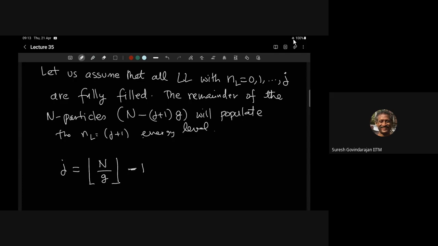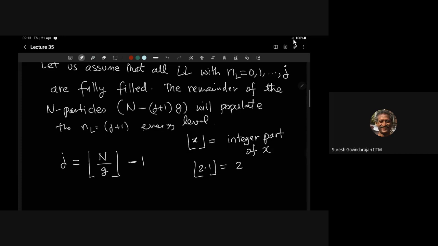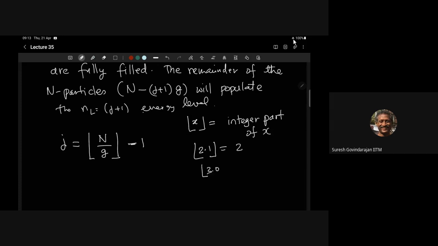It's the floor function, which is just the integer part. So if you have something like this, it will be 2. What is this? 3. And so on. So N by G will tell you how many are filled. That should be J plus 1. I just pulled it to the other side.